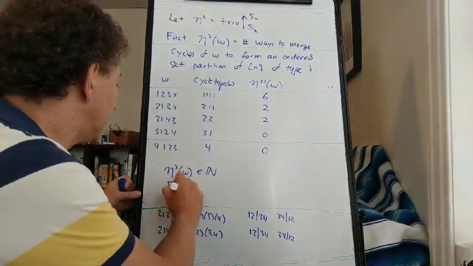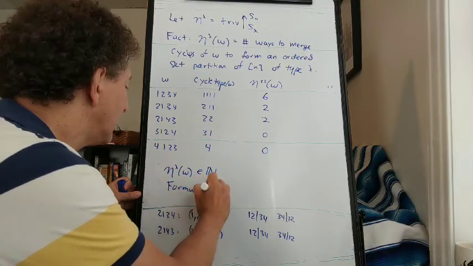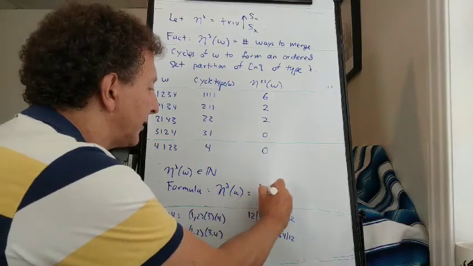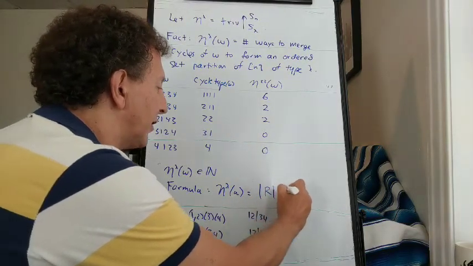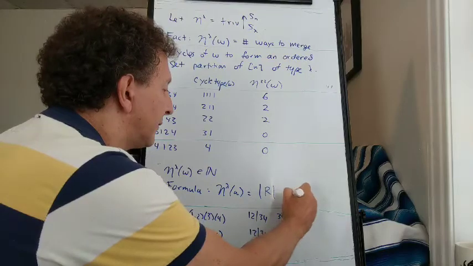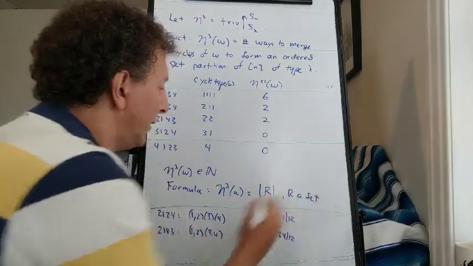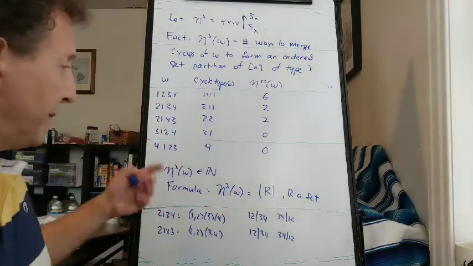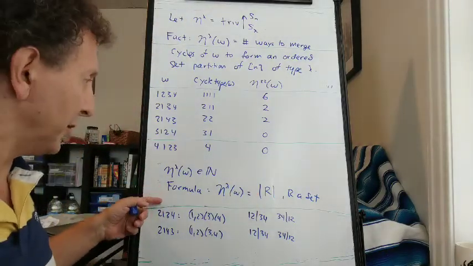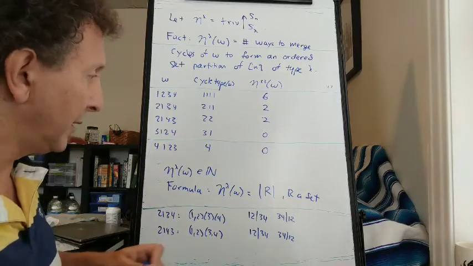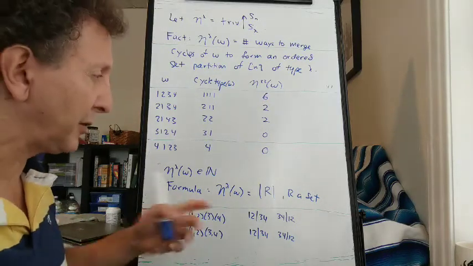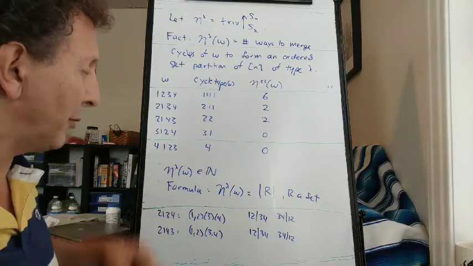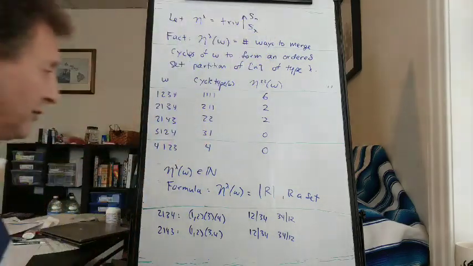And our formula is that eta lambda of w equals the cardinality of some set R. And if there's a number which is a non-negative integer, then I guess this is the nicest possible formula for it, the cardinality of a set. Because if we ever come across it in a proof, we can picture the set and maybe do something with the set rather than remembering what the actual integer is.